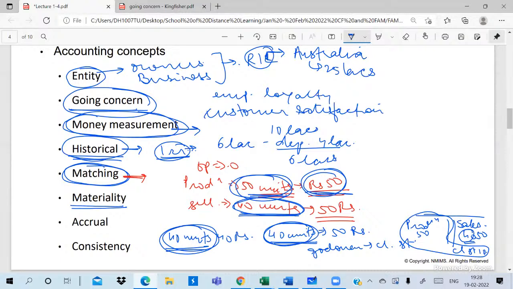Okay, let's look at the next one, which is accrual concept. Anyone who can tell me what do you mean by accrual concept? What do you mean by accrual concept?